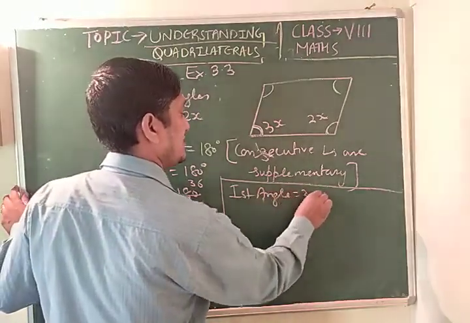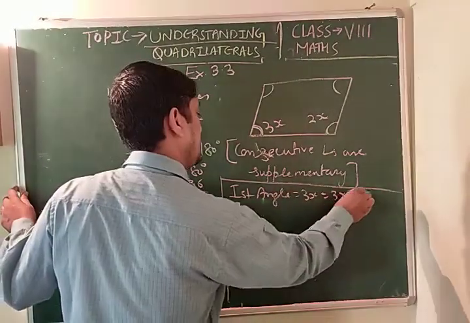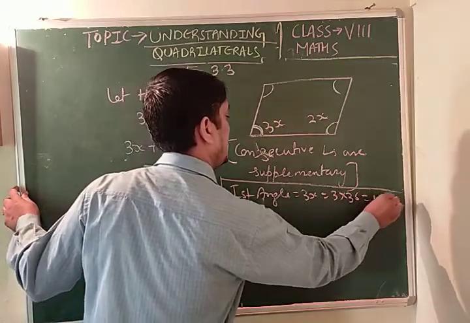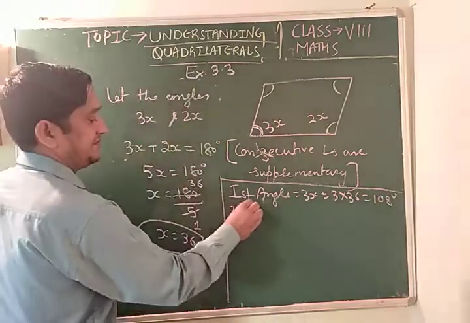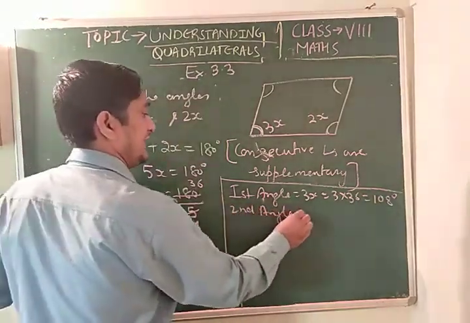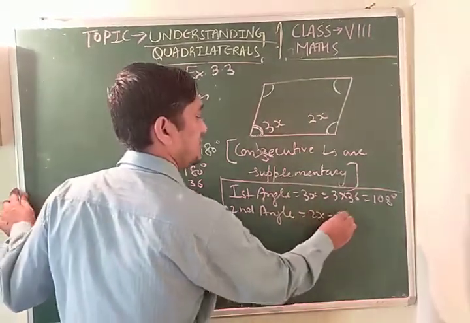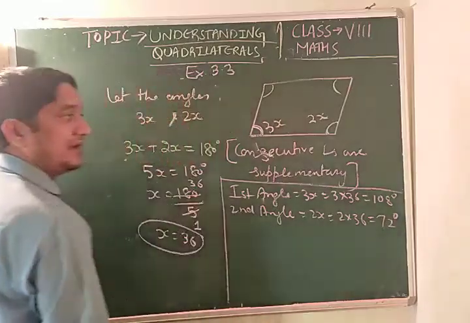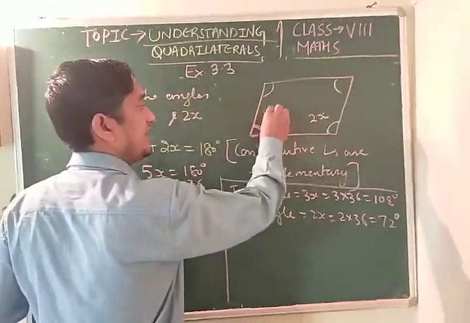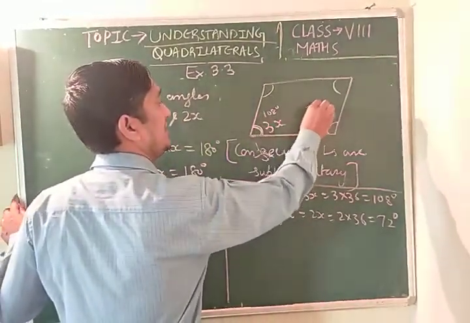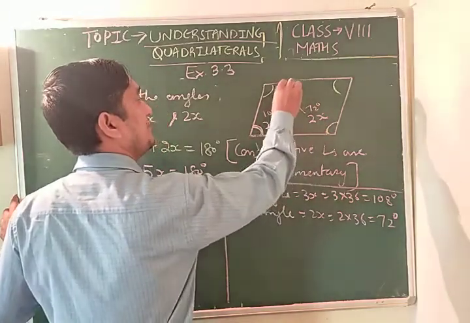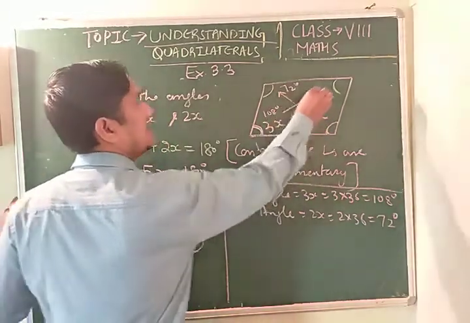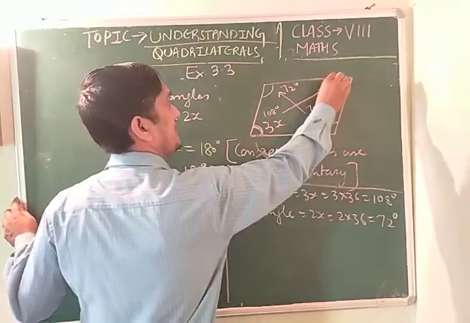So therefore, the two adjacent angles are: the first angle is 3x, that is 3 into 36, 108 degree. The second angle is 2x, that is 2 into 36, 72 degree. This is 108 degree, this is 72 degree. Now this is opposite to this, so it is also 72 degree, and this is opposite to this, so it is also 108 degree.